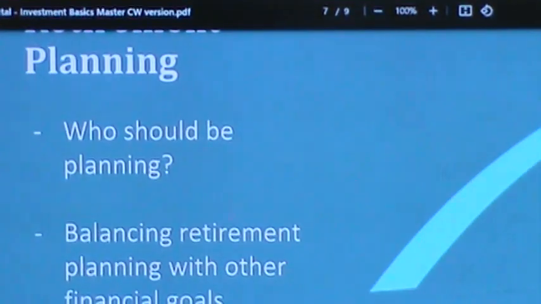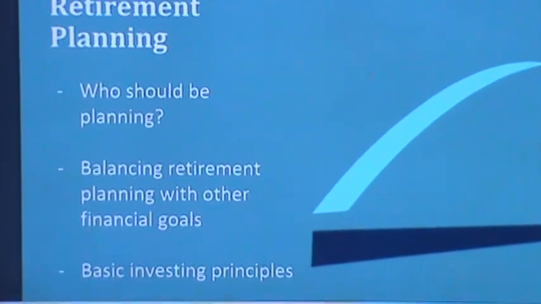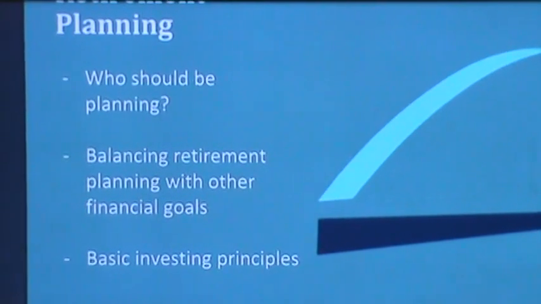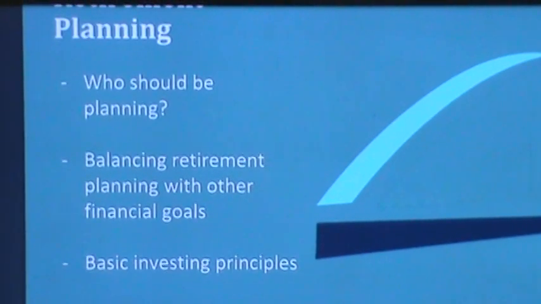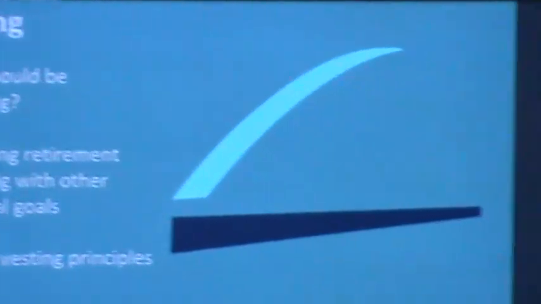So let's touch on this topic, retirement planning. Okay, retirement planning. Here's the important questions. Who should be planning? Well, the short answer, as you can guess, all of us. All of us should be retirement planning. It's important. Everybody should be planning. And conversations with professionals regularly can go a long way to make sure that we stay on course for this retirement planning, right?